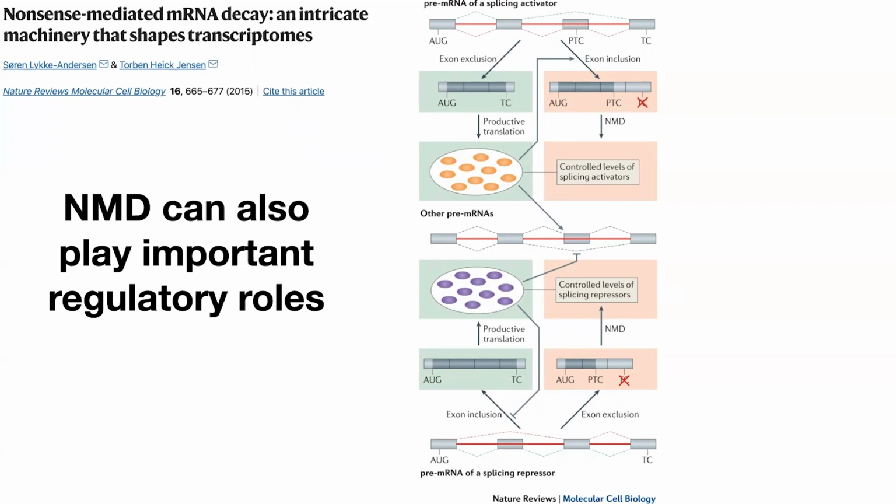Due to alternative splicing, depending on how active the splicing machinery is and how much you have, you can get various versions of these transcripts, some of which might have a premature termination codon. And when it has a premature termination codon, then it'll get degraded. And you can control the levels of the splicing activators and repressors that you make. So very cool stuff like that. More on it in this article.